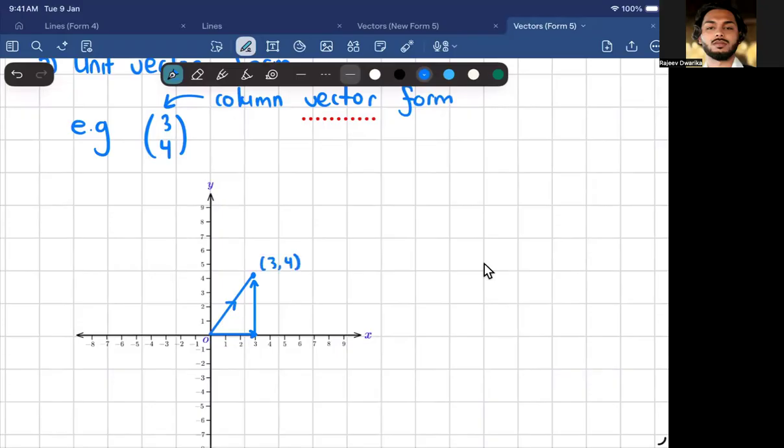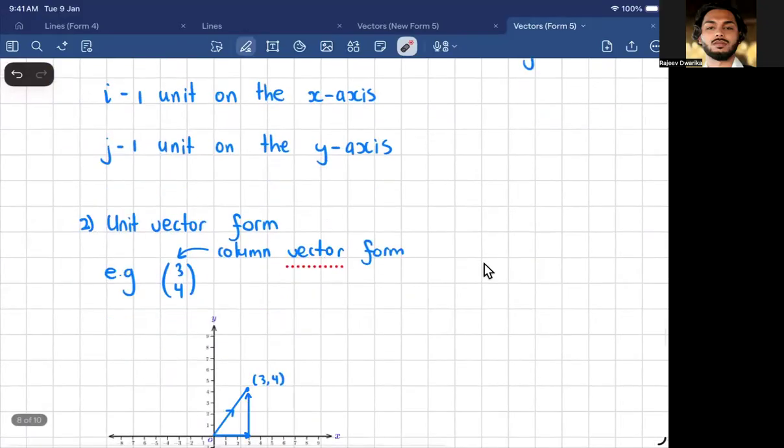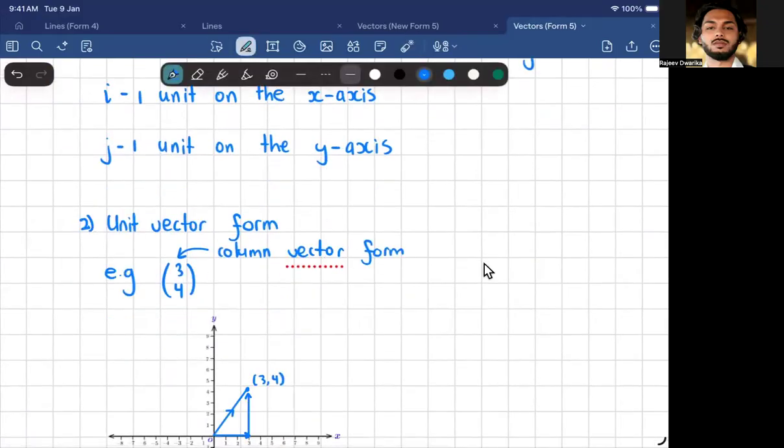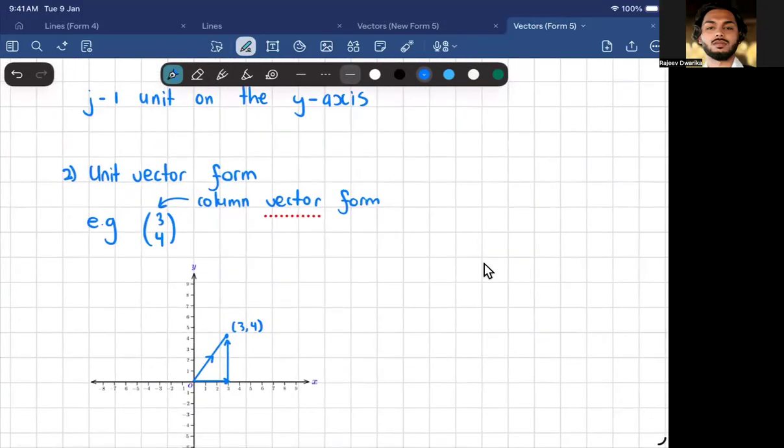Great. Now, if I just said that i is 1 unit on the x-axis and j is 1 unit on the y-axis, how would I write that vector in the unit vector form? Just a quick recap: in the column vector form, the first element is the x element and the second element is the y element. You said we moved 3 spaces on the x-axis, correct?